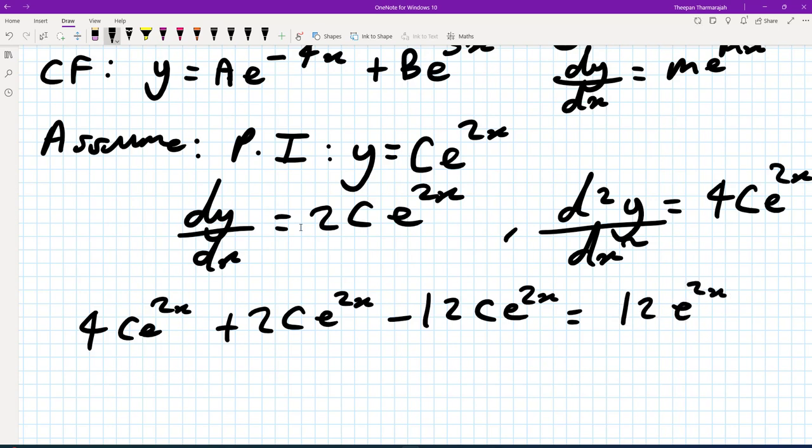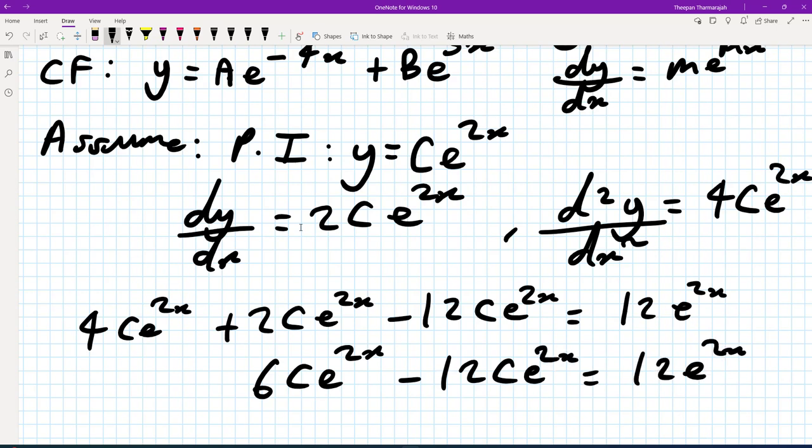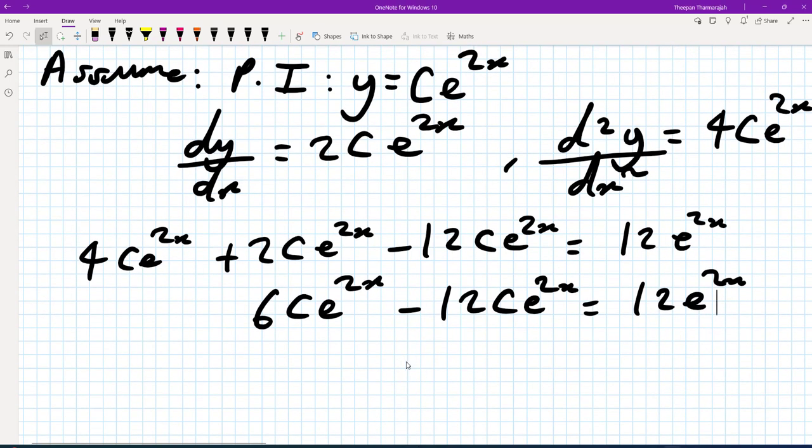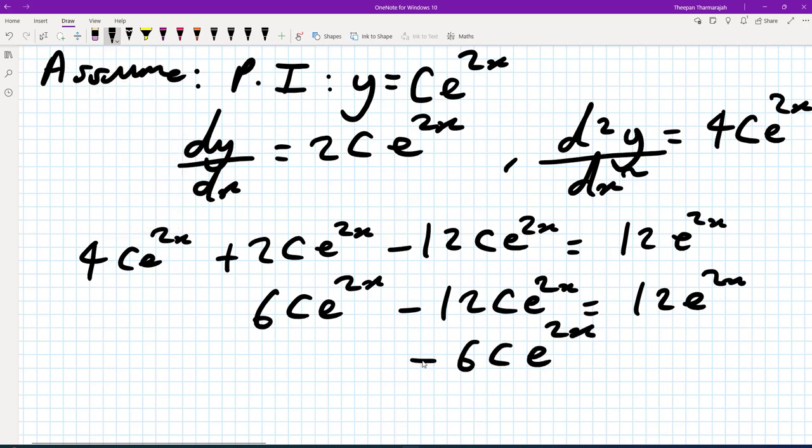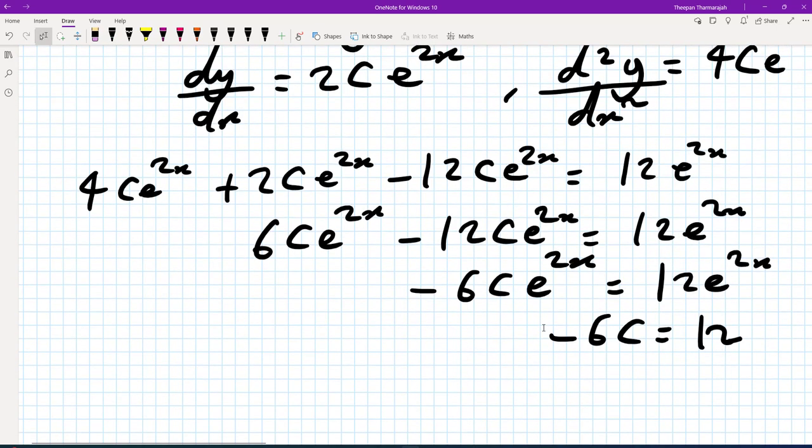So 4 plus 2 is 6, and we get 6c e to the 2x minus 12c e to the 2x equals 12 e to the 2x. So minus 6c e to the 2x is 12 e to the 2x, which implies minus 6c is equal to 12, and we can say c is equal to minus 2.